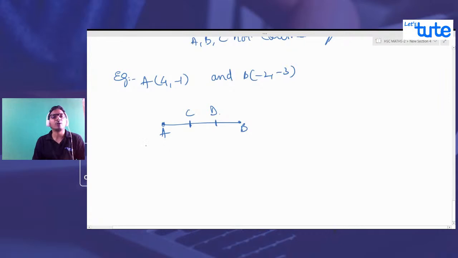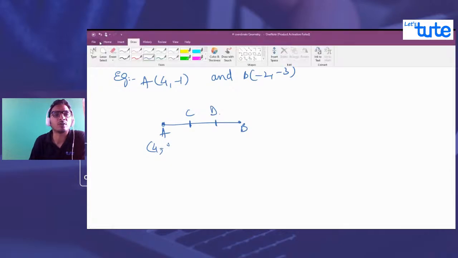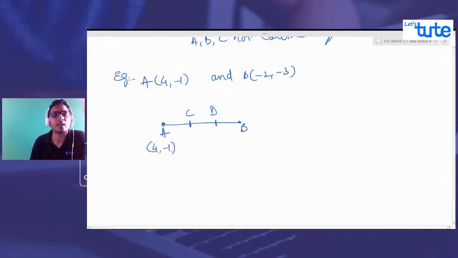Okay, the point A is 4, -1, and point B is -2, -3. Now what we have to do is find the coordinates of C and D. You can see that the line segment is divided into 3 equal parts.